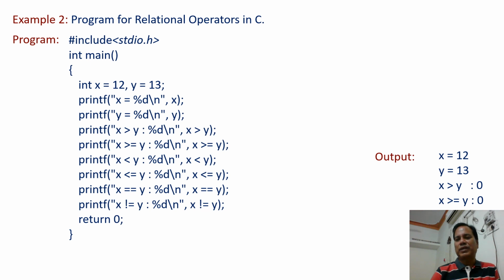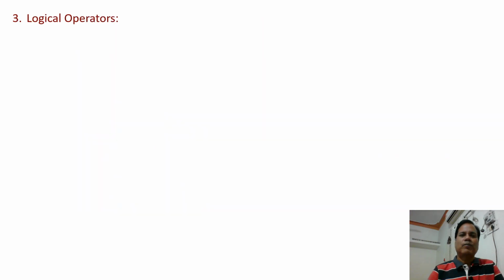The output is like this: value of x equal to 12, value of y equal to 13, and here the result of x greater than y is false, so 0 gets printed here, and also in the next statement 0 gets printed. So in this way we see the use of the relational operators, that is for comparing two variable values.